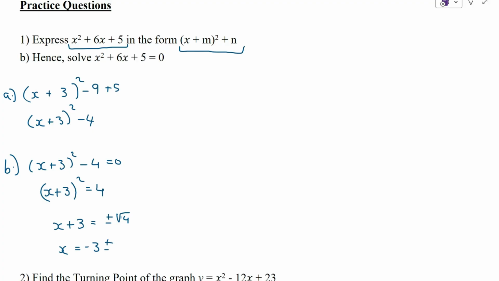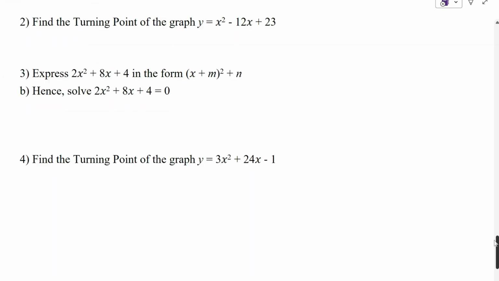And the square root of 4 is 2. So our two values for x will be minus 3 plus 2, which is minus 1, and minus 3 minus 2, which is minus 5.